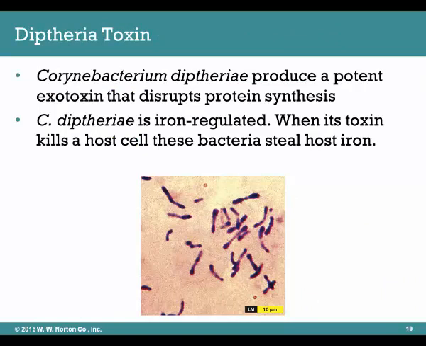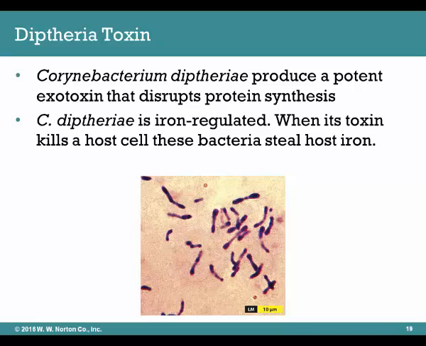The diphtheria toxin is a toxin that disrupts protein synthesis, essentially killing the cell. It's activated by the presence of iron, and it's killing the host cells in an attempt to steal the host cell iron.